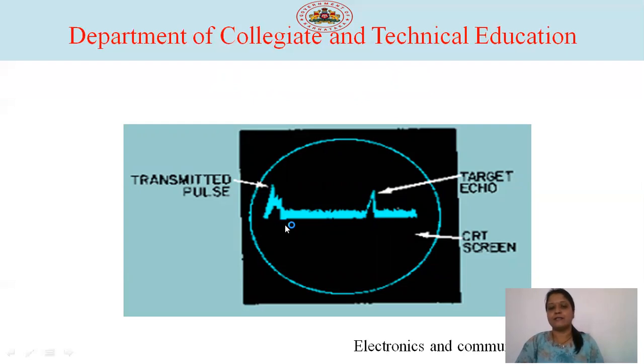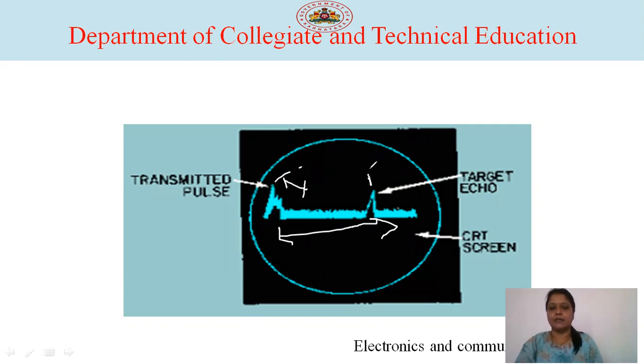Therefore, this distance from here to here represents the distance from the target, because this is the transmitted pulse and this is the received echo signal.